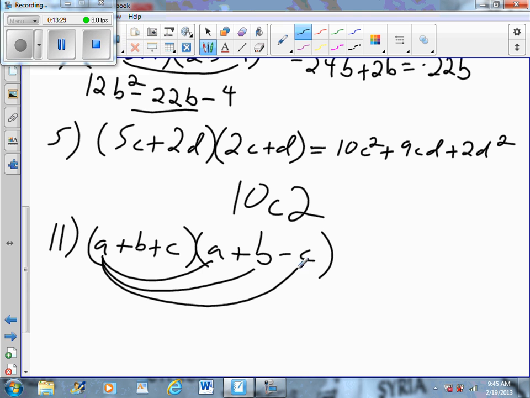Then b times the first, b times the second, b times the third. And what do you think is going to happen with c? Same thing, right? Let me change colors here to make it a little easier to see. c times the first, the second, the third. All right?